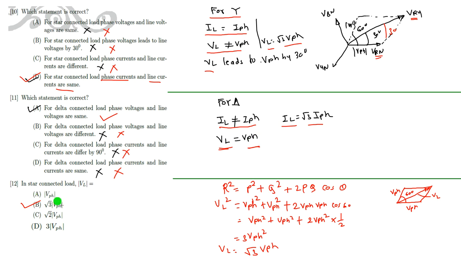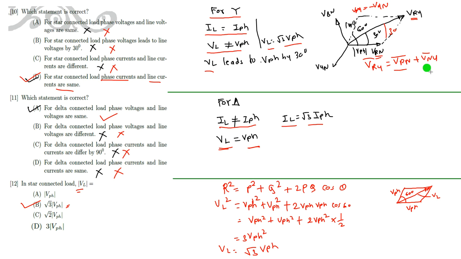For star connected load, VL is equal to root 3 times VPH, so that we have to prove. See in this phasor diagram, this represents VRN, and this represents VNY, or minus VYN. So we know that this VRY phasor is VRN phasor plus VNY phasor. We get VNY by reversing YN.